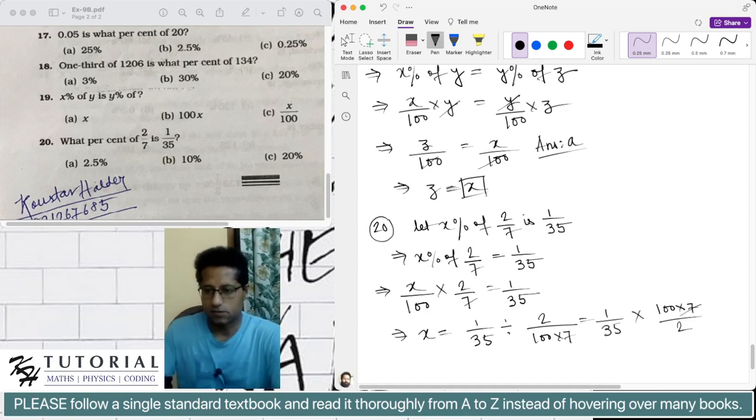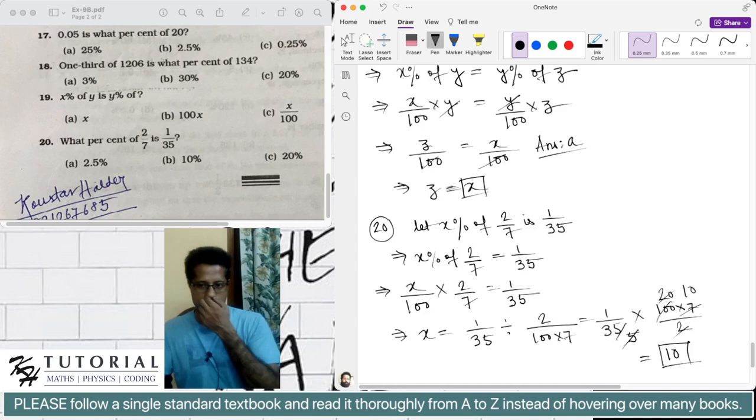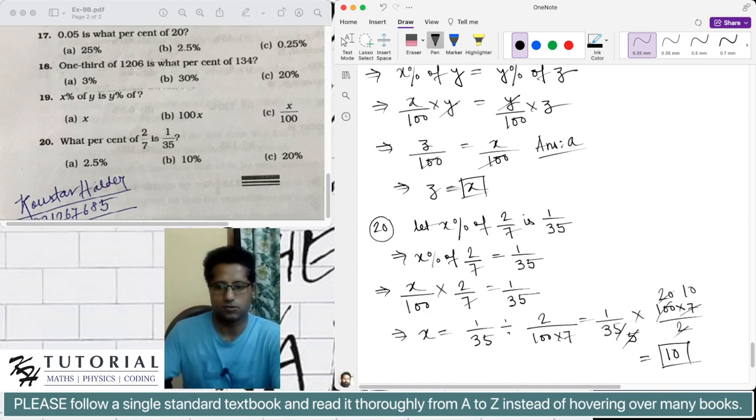So 7 cancels 35 with 5, 5 cancels 100 with 20, and 2 cancels 20 with 10. So this is equal to 10. So 10% of 2 by 7 is 1 by 35, and hence the correct choice is B. B is the correct choice.